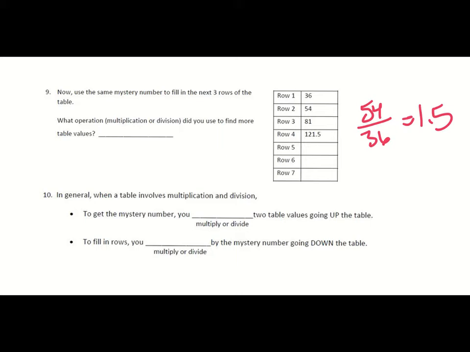And so I'm going to basically multiply by 1.5. If I keep multiplying by 1.5, I'm going to get 182.25. Then I'll get 273.375. And then I'll get 410.0625.